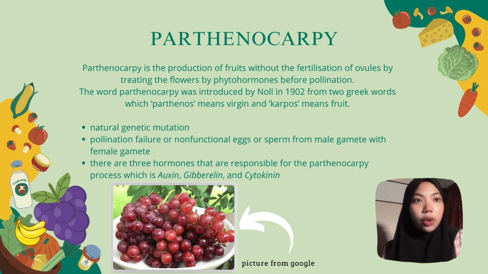Seedless fruit can occur when the ovary develops directly without fertilization, or when pollination and fertilization trigger ovary development but the ovule or embryo aborts without producing mature seed, as we call spermocarpy. There are three different hormones that are responsible for parthenocarpy, which are auxin, gibberellin, and cytokinin.